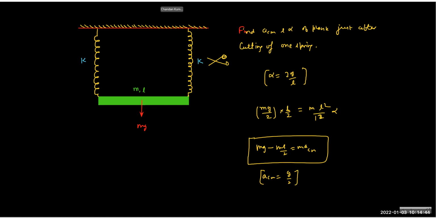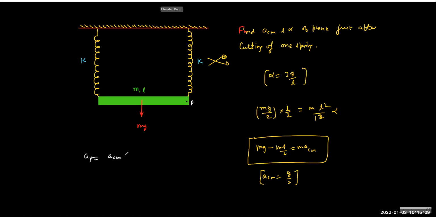Can you tell me what is the acceleration of this point? So what is the acceleration of P? I want to know the acceleration of point P. So what will be the answer? Why we didn't use ACM equal to alpha into L by 2?